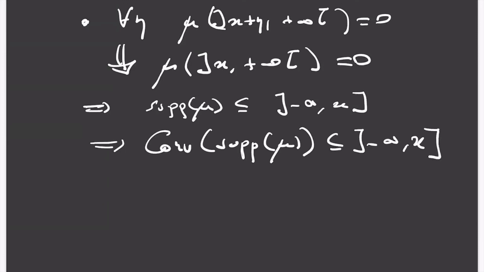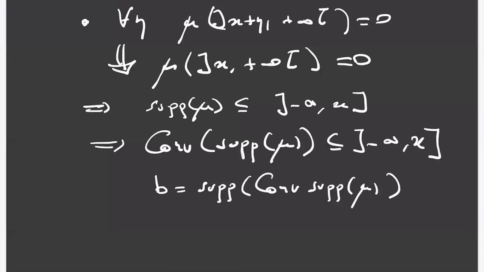So now, if you consider the sup of the convex hull of the support of the measure, it looks complicated, but it's not. The convex hull of the support of the measure is an interval, so this is just the right extremity of the interval, which is finite or infinite. So you have two cases.